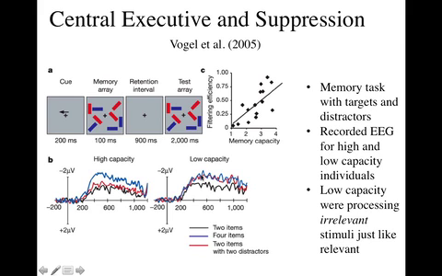Whereas lower capacity individuals, if there were 4 items on the screen, even if they didn't have to remember all of them, their short-term memory was working just as hard. That suggested that they're, in a sense, processing irrelevant information in short-term memory.